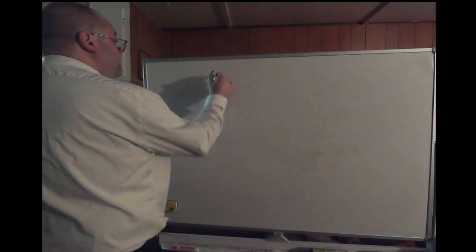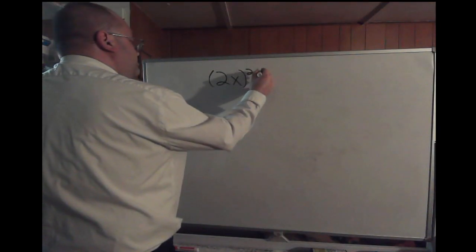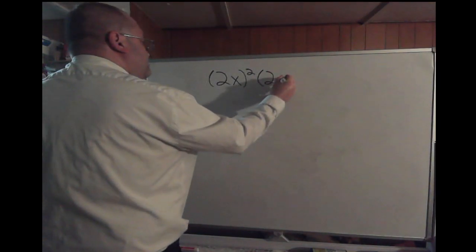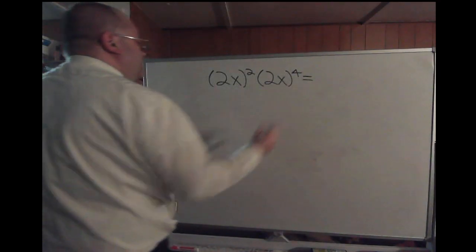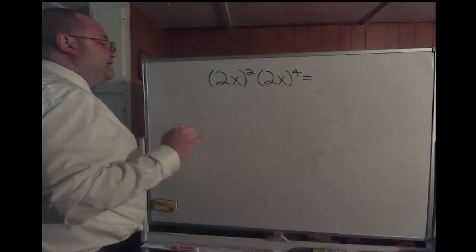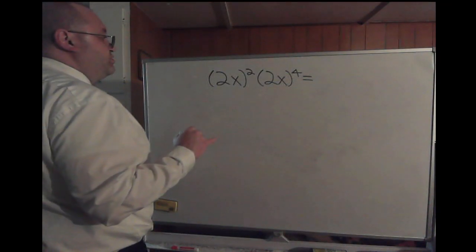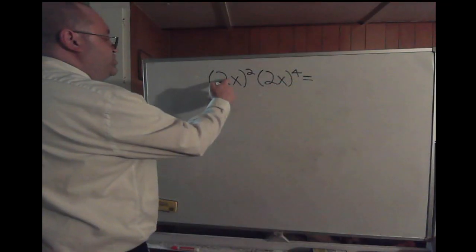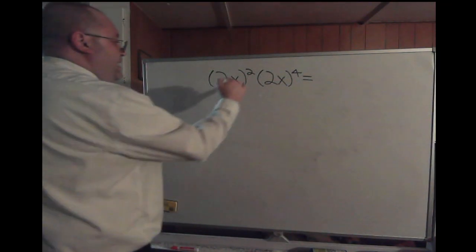Alright, let's say we have something like this. 2x, that quantity squared, times 2x, that quantity to the fourth. Well, when you have a situation like this, you're still going to take each term to the powers.